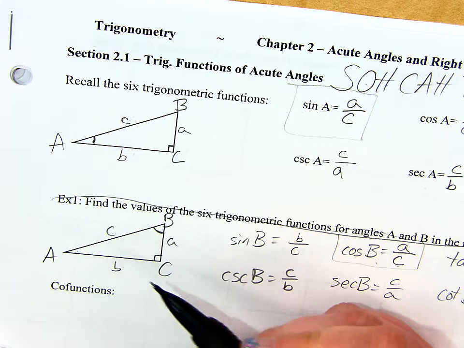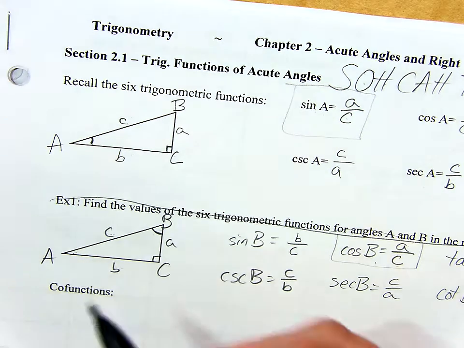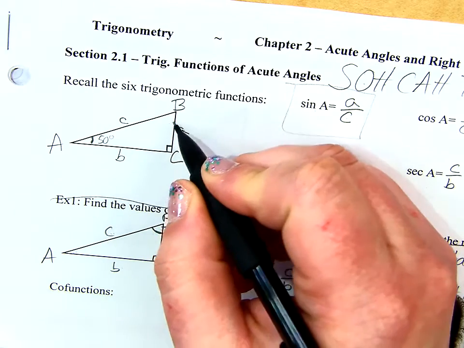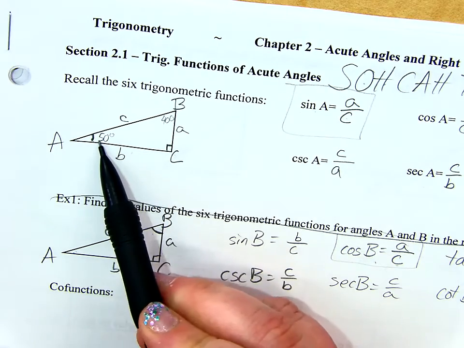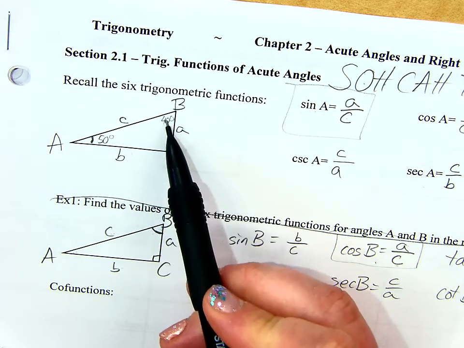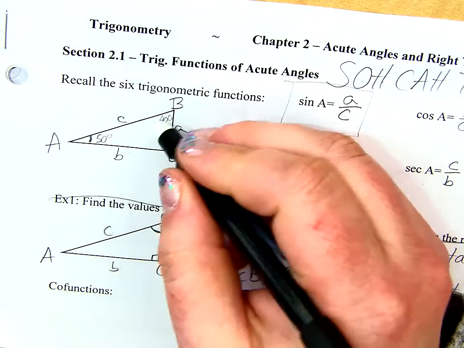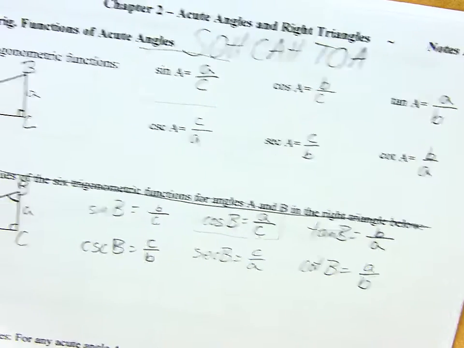I still get A over C, no matter which one I'm doing. So if I had actual values in here, so if, I don't know, if A were a 50-degree angle and then B were a 40-degree angle, that means that the sine of 50 and the cosine of 40 have to be equal to each other. That's so interesting. Who else is the same besides sine and cosine?